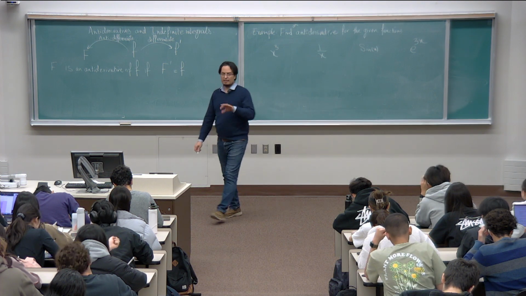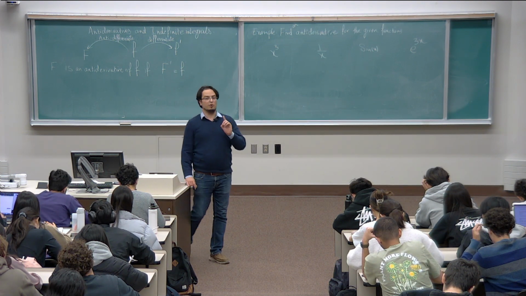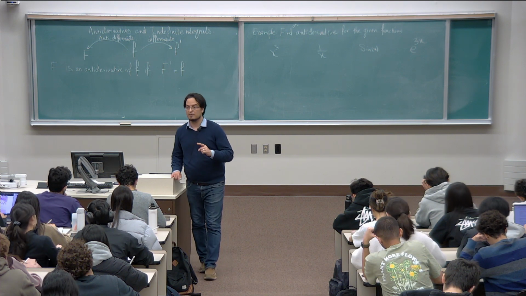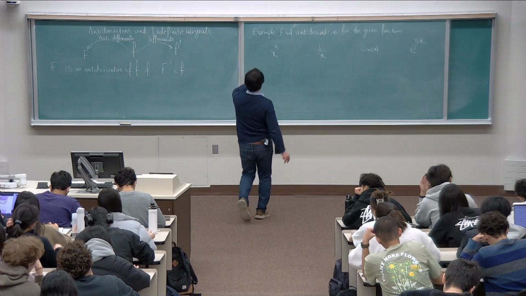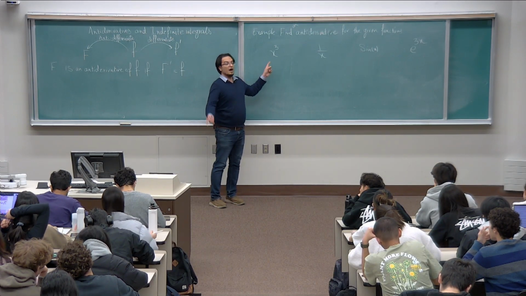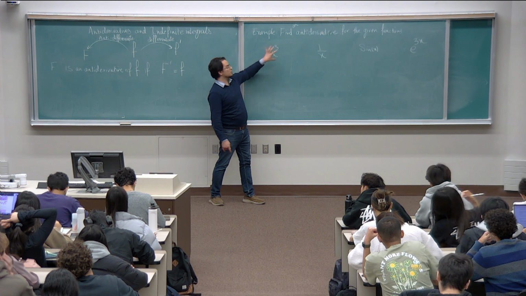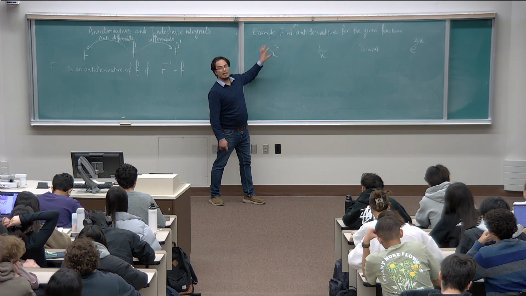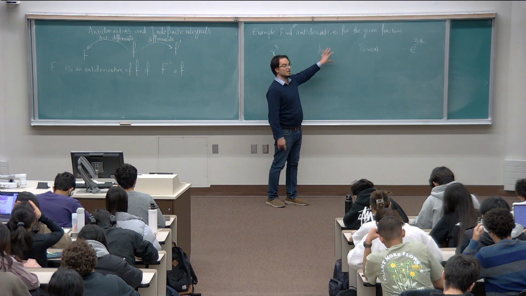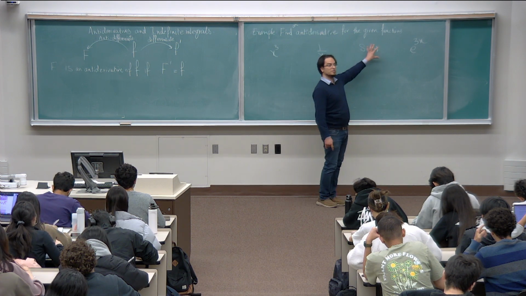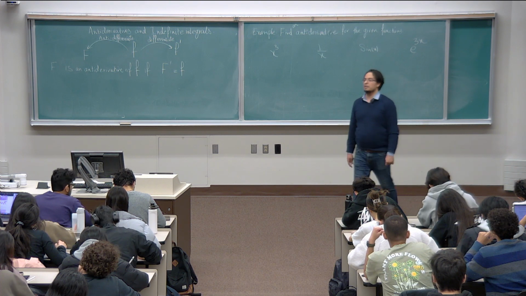Before I give you 1 minute to do this yourself, I want to remind you, you're not differentiating. You're not differentiating x cubed and telling me it's 3x squared. The other way around. You're trying to find a function whose derivative is x to the power 3, a function whose derivative is 1 over x, a function whose derivative is sine x, a function whose derivative is e to the power 3x.